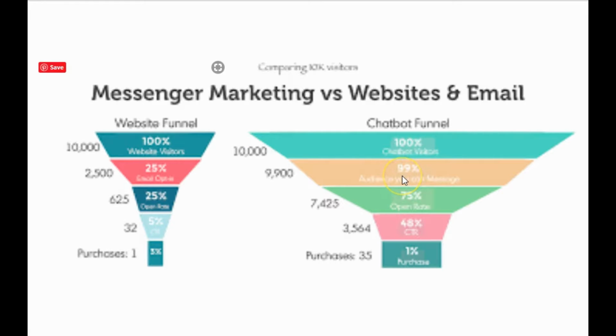I expanded this image to fit into this presentation, but the average email open rate is 25%, and opt-in rates are also very low compared to messenger. If you get 10,000 people into a chatbot funnel, 7,000 people are going to opt in, clicking through that message.